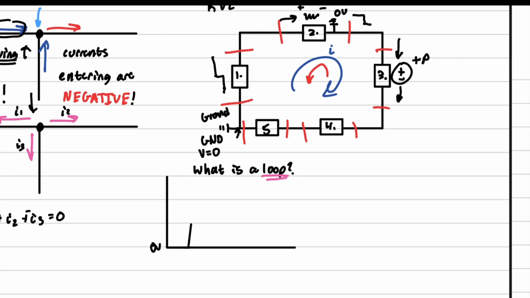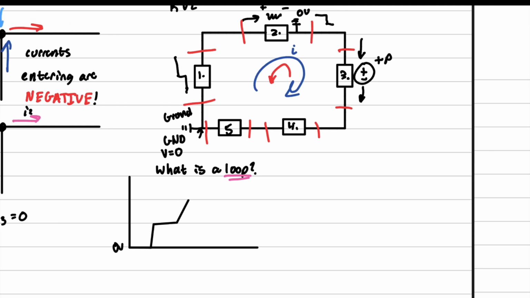Say this is component number 1, and then you go here, and component number 2 increases the voltage, then component number 3 increases the voltage, and then all of a sudden component number 4 decreases the voltage because it's some kind of resistor, and number 5 furthermore decreases it back.